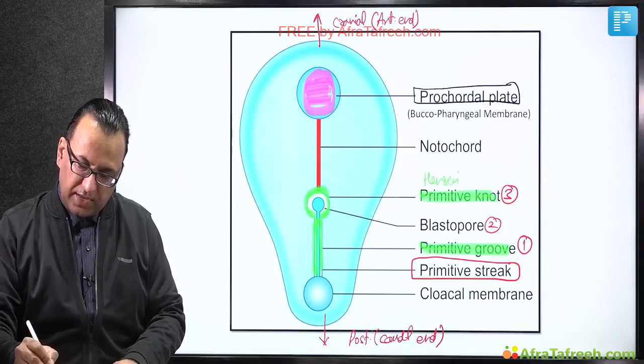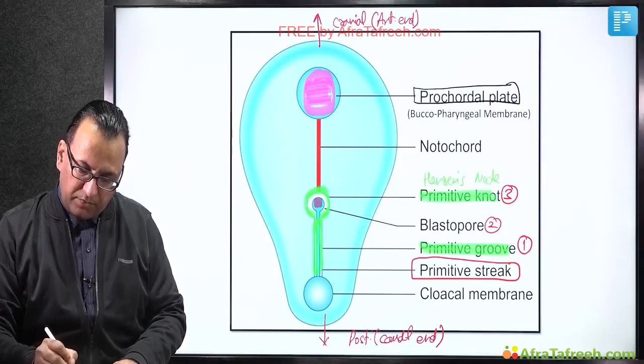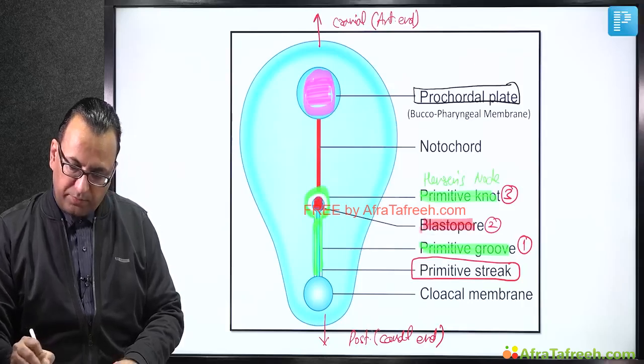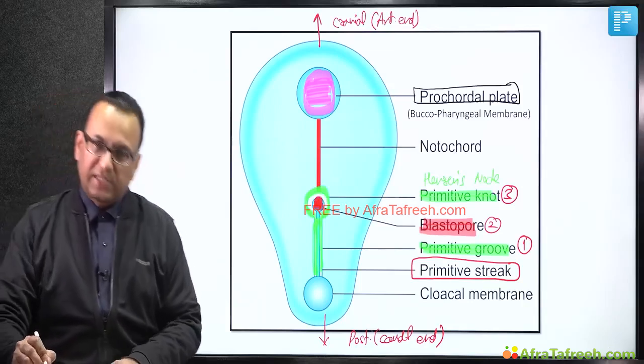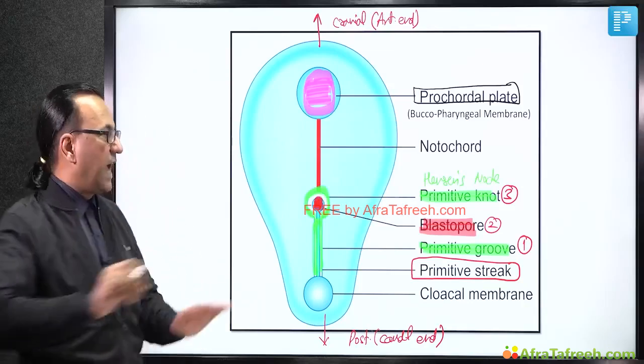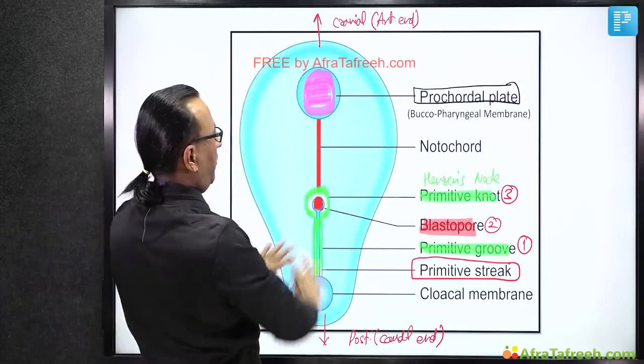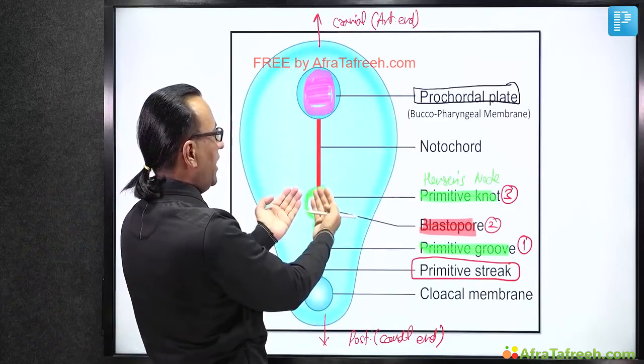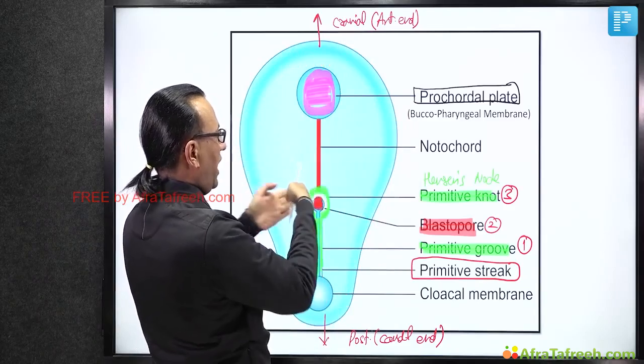And then in the Hensen's node, we have an opening which we are calling the blastopore or the primitive pit. We are going to make this diagram ourselves as well, where we will find that the epiblast cells which were at the floor of the amniotic cavity were proliferating to form this primitive streak, and then they are moving inside the pit and going ventral.